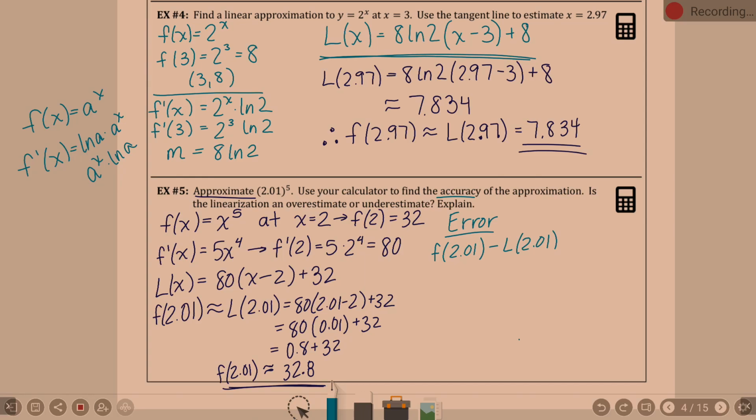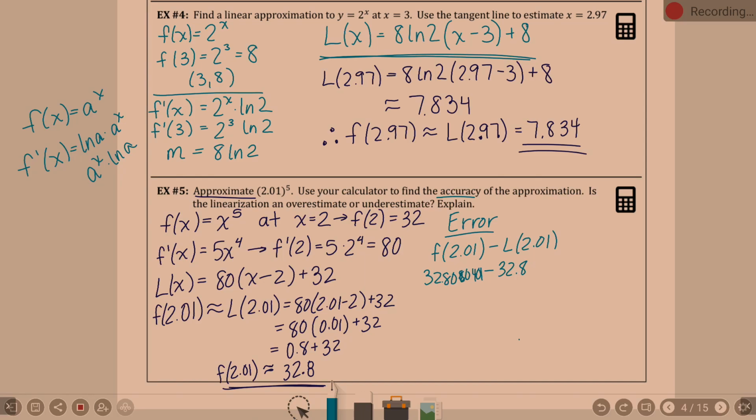So we know the linearization is 32.8. What is 2.01 to the fifth? 32.8080401. Okay, so 32.80804, something like that.